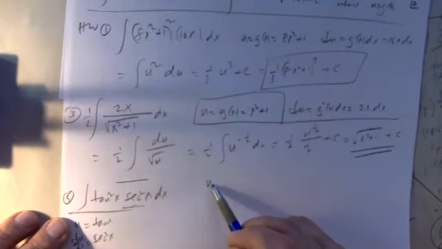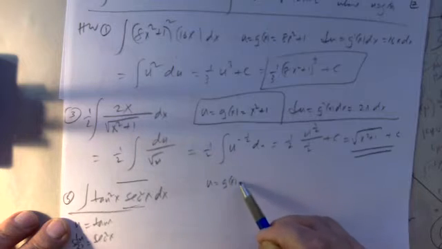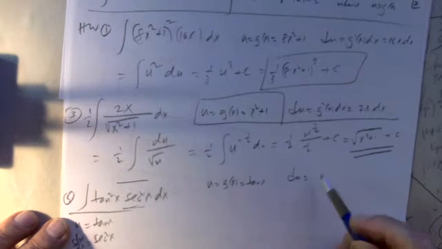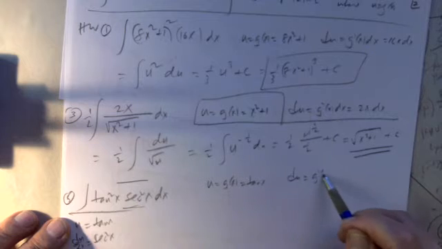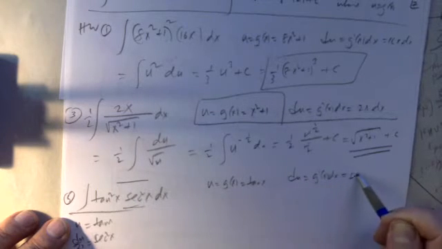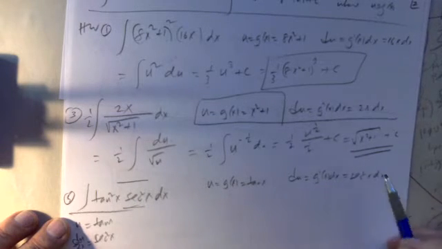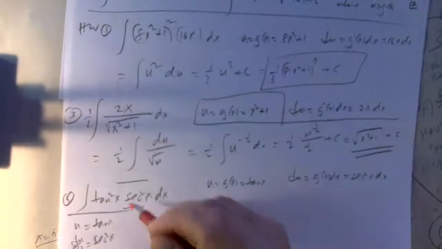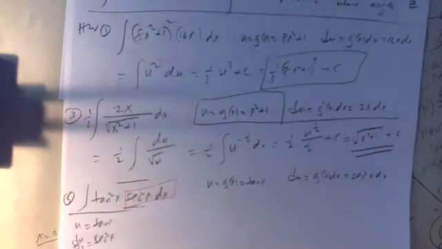So if you were to let u be equal to the function tangent of x, then du, which is g prime of x dx, that's going to be secant squared x dx. And what we have here is secant squared x dx.